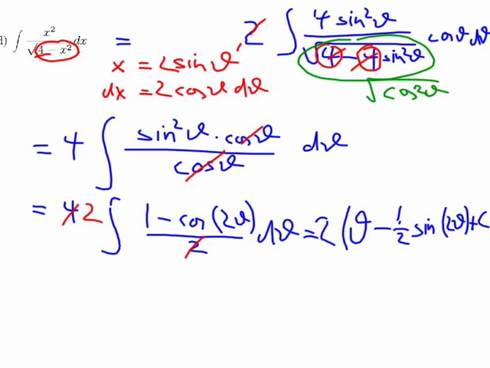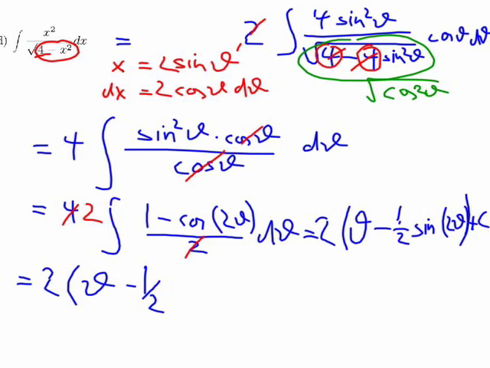Okay, now we need to back substitute. But to back substitute, we need to get terms which are sine and cosine. So let's just observe that this is nothing else but 2 times theta minus 1/2. How do we write sine of 2 theta in terms of sine and cosine? That is nothing else but 2 times sine of theta times cosine of theta.